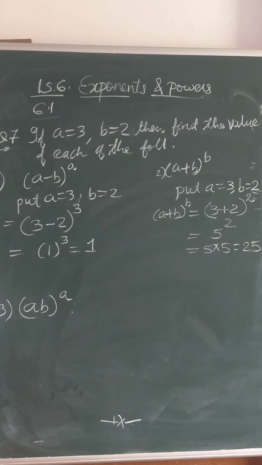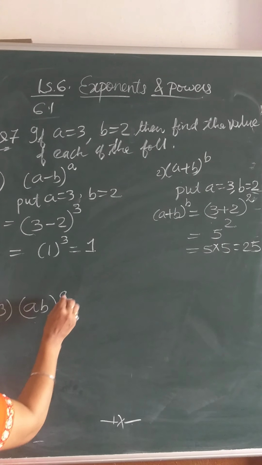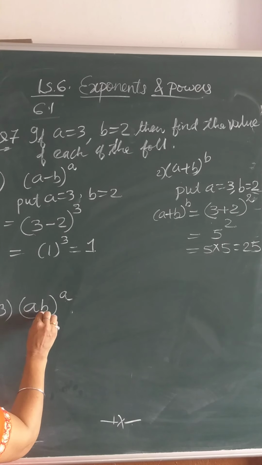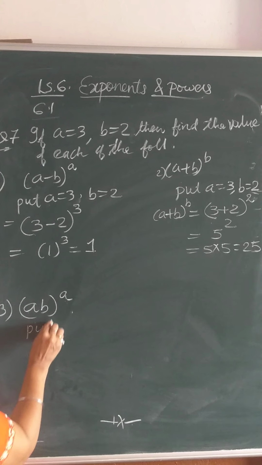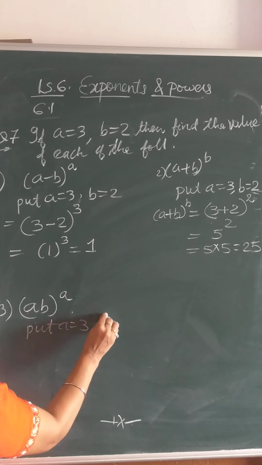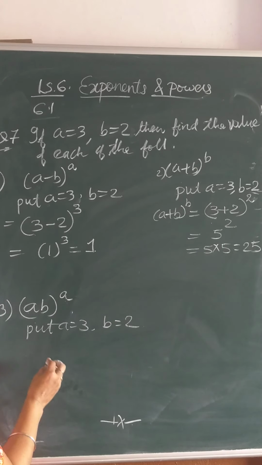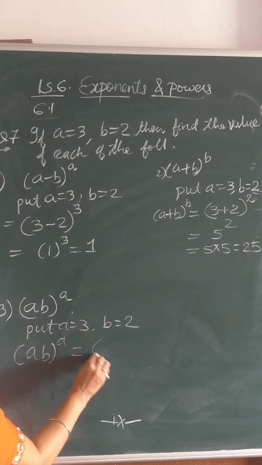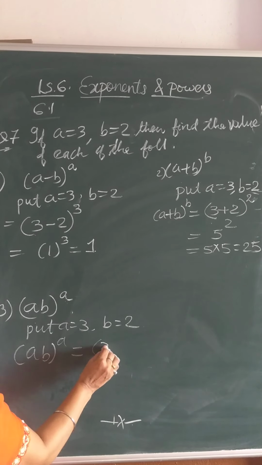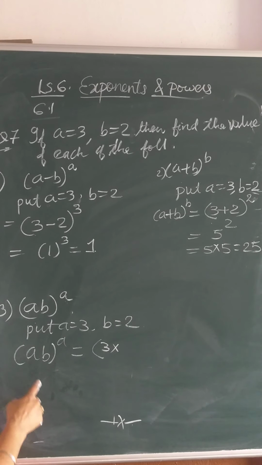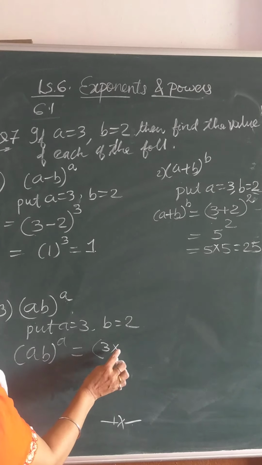Now let's see this third example: (ab) raised to the power a, meaning this power a is for a also and for b also. Again in the same way, put a equals 3 and b equals 2. Now (ab) to the power a becomes: a is 3, and I already told you children, if there is no sign between these two, it means multiplication.